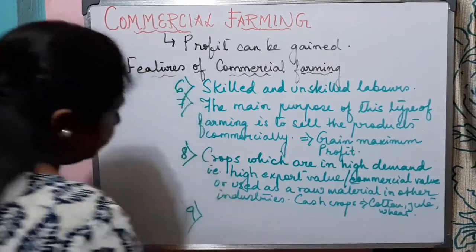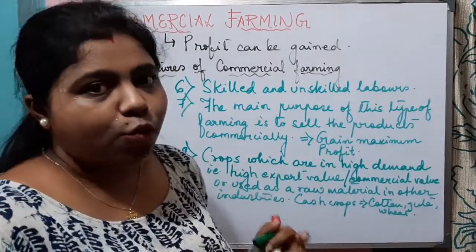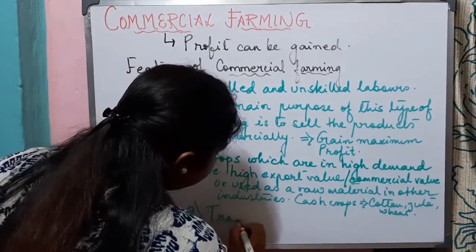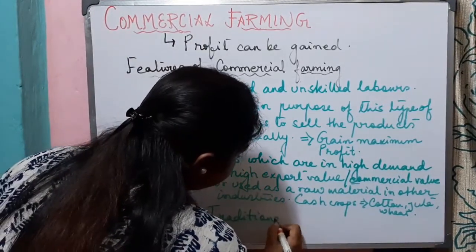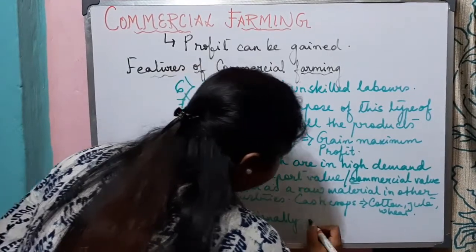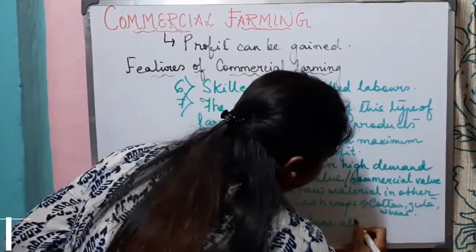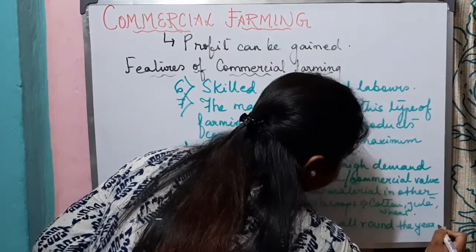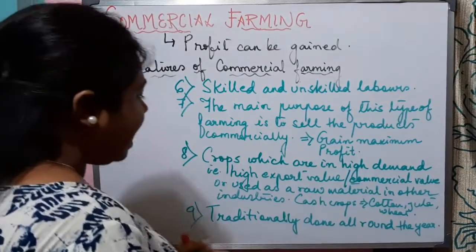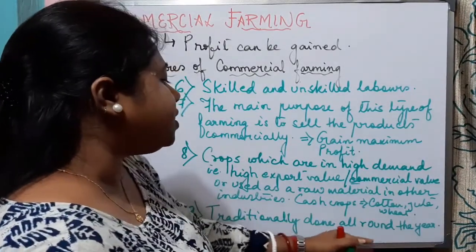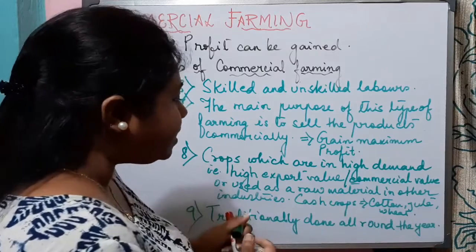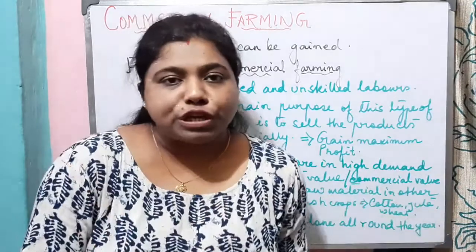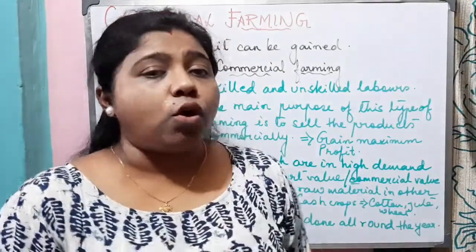Now this type of farming is referred to as unique. Why is it called unique? Because this type of farming is traditionally done all around the year. Why? Because the farmers are not dependent on the natural fertility of soil or on the monsoon.